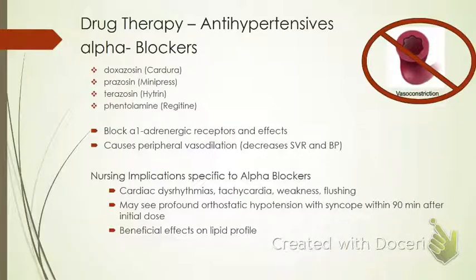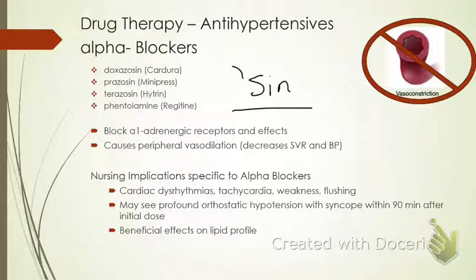But this is the same thing, that they will block vasoconstriction, and these are sins, right? Most of those are sins. The ends of these. So if you see a drug that has sin at the end, it's probably in the alpha blocker category. This Regitine happens to work that way, but it's not a true alpha blocker.